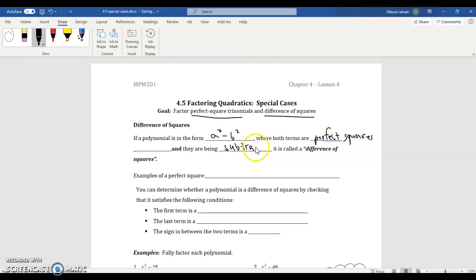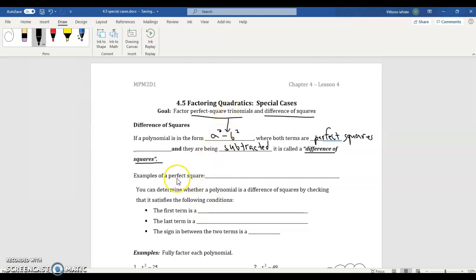If you have this setup, so a squared minus b squared, where a squared and b squared are perfect squares, and there's that minus there, you have what's called a difference of squares.